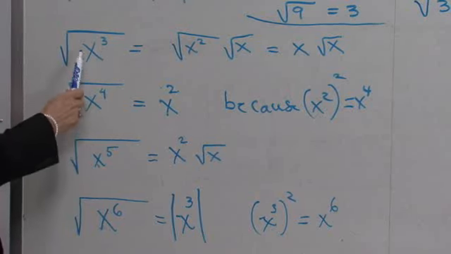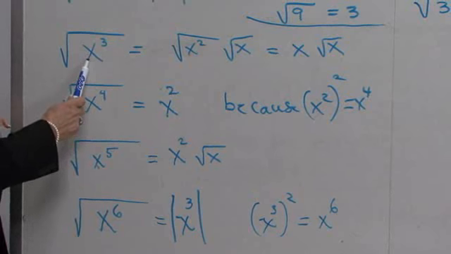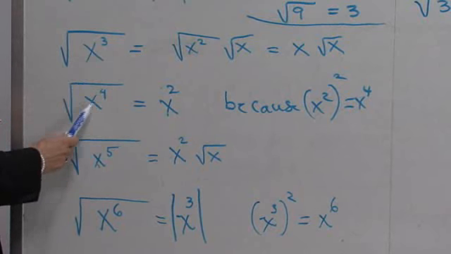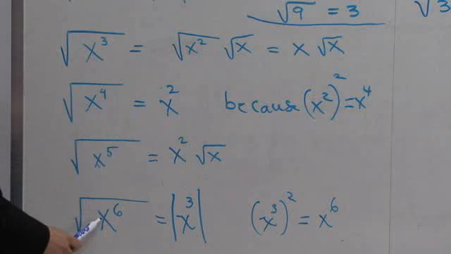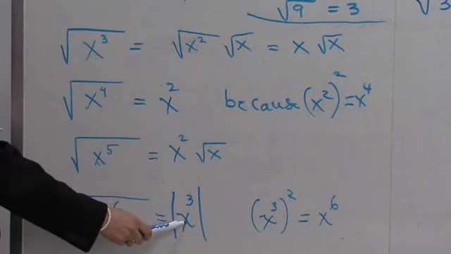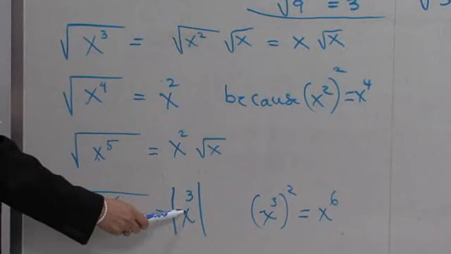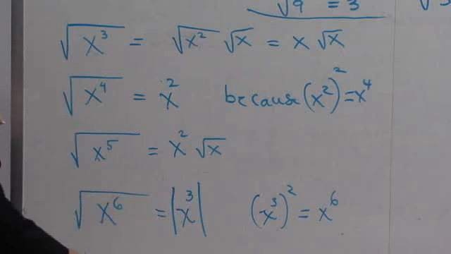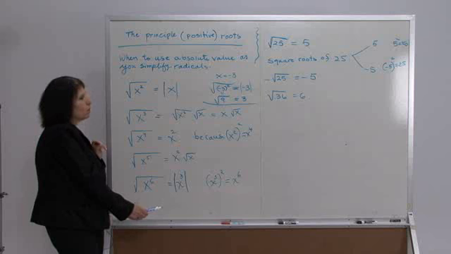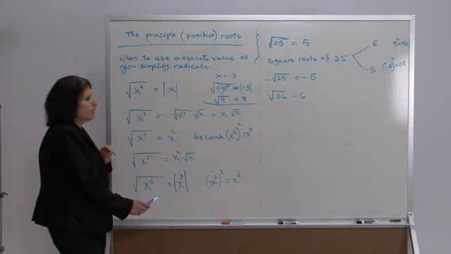But if x is negative and the power on it is even, that means the radicand could be positive, so we can simplify that, but we have to be careful that the answer is positive. But when x, if it's negative, is raised to an odd power, that's going to give you a negative, so there you must put the absolute value. So I hope you understand this principle.